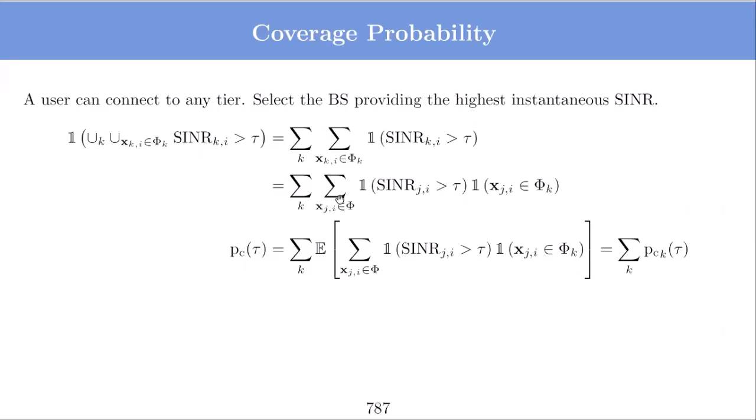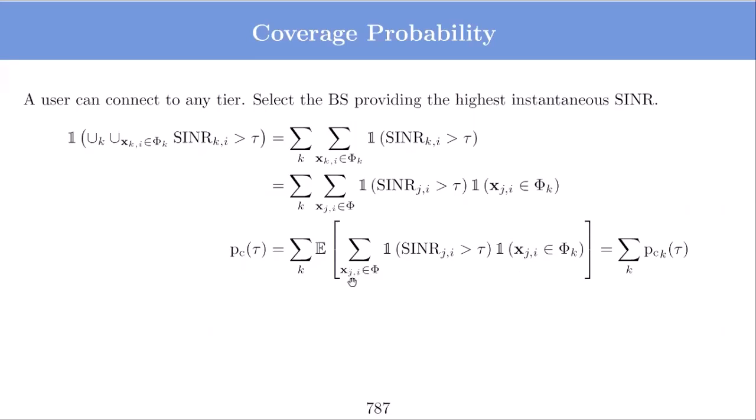Expectation is linear, so I can take the expectation inside. So this will be the summation over all tiers k, and the expectation over all points of all base stations in the point process of the indicator that the SINR provided by them is more than tau, multiplied by the indicator that the base station belongs to Φk.